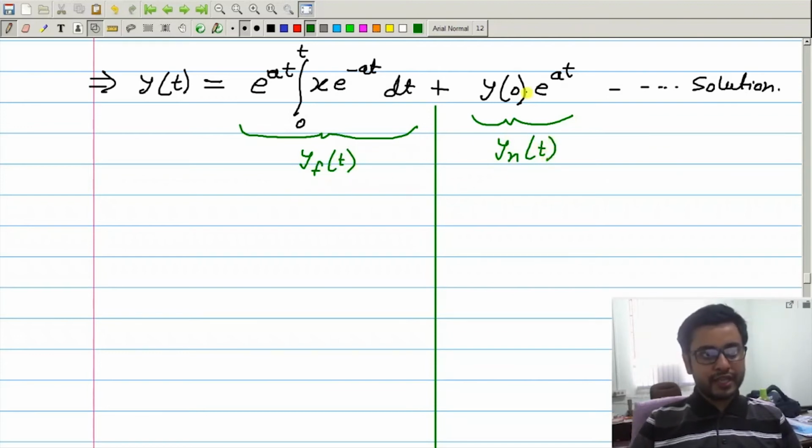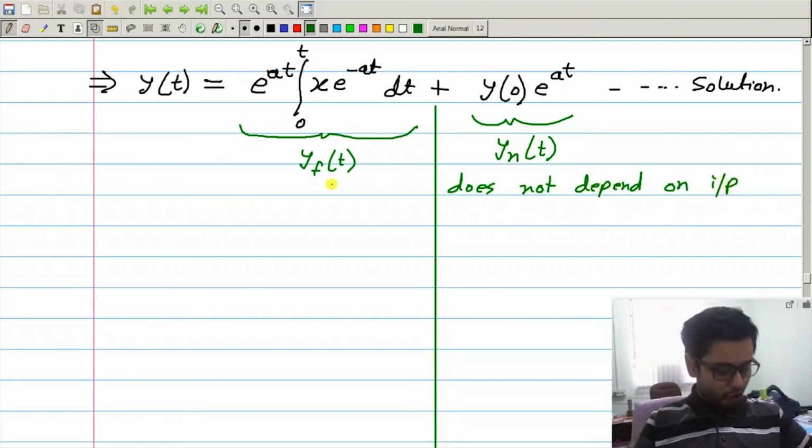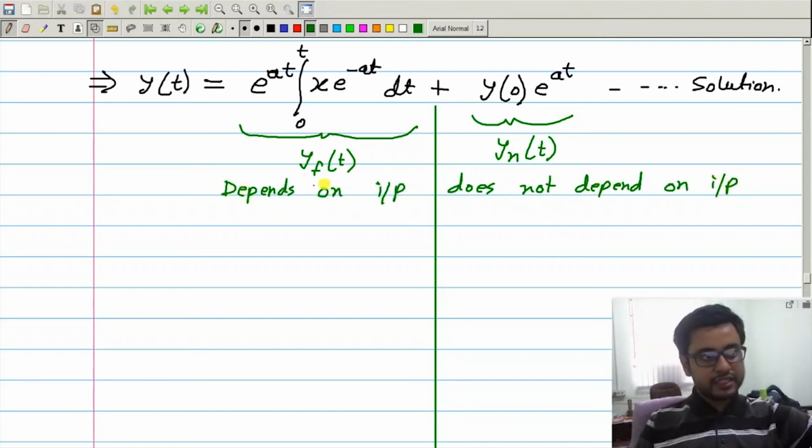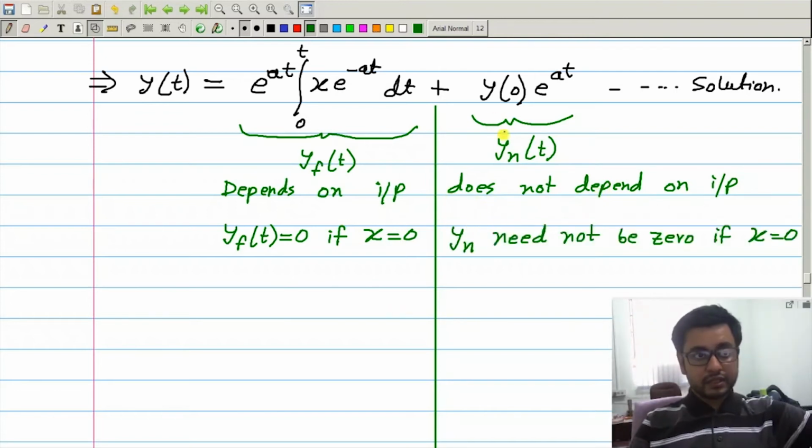Now you note that y_n(t) does not depend on input. This depends on input. This term will be 0 if the input is 0, whereas this term need not be 0 even if input is 0. This term depends on the initial condition y0.